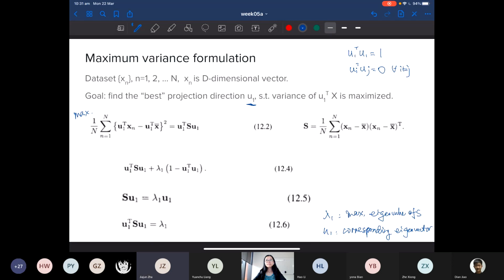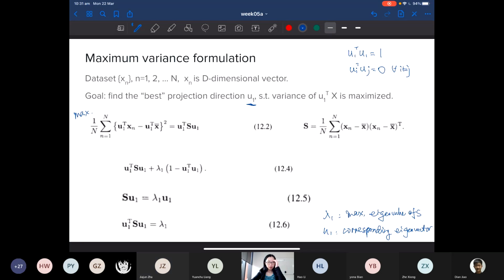Just like the two lines that you write on the top right corner, u_i transpose times u_i equals 1, and u_i transpose times u_j when i is not equal to j equals 0. I think at this point we don't have any guarantee about what will be going on here.